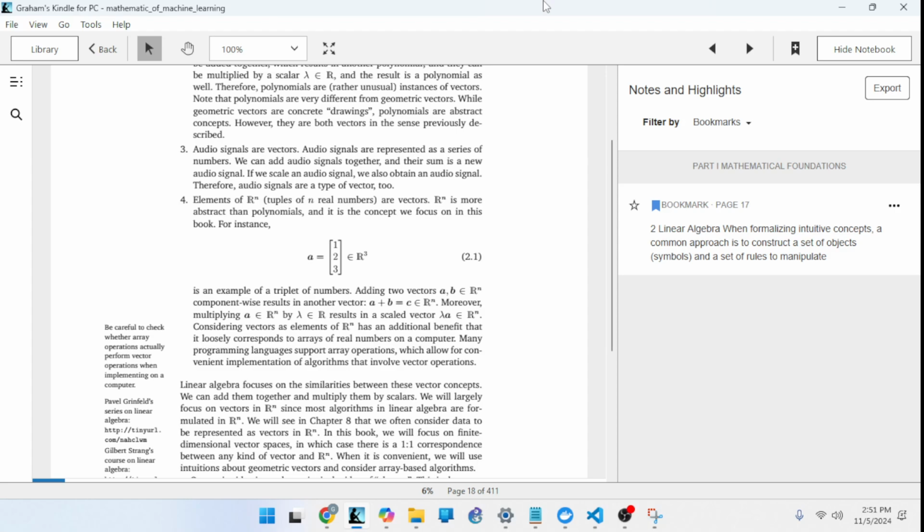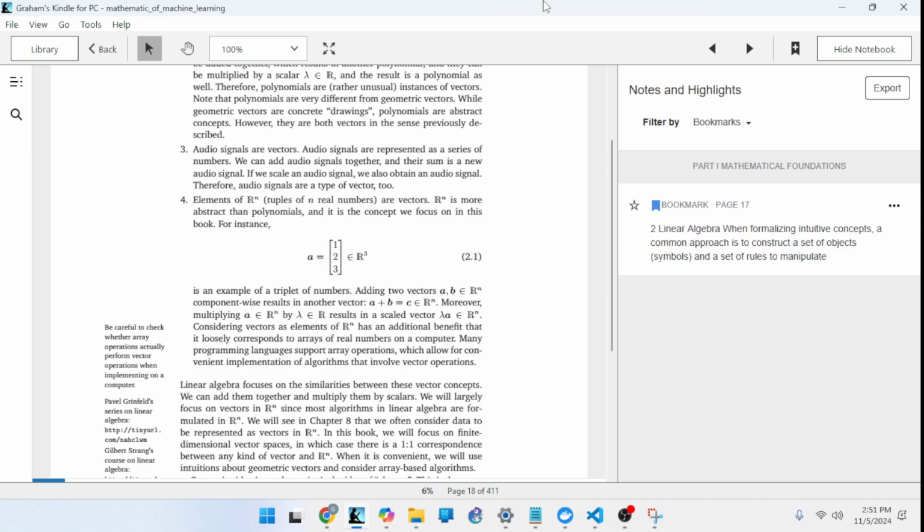Adding 2 vectors, a, b, as a set of tuples of n real numbers component-wise results in another vector, a plus b equals c, as a member of tuples of n real numbers.